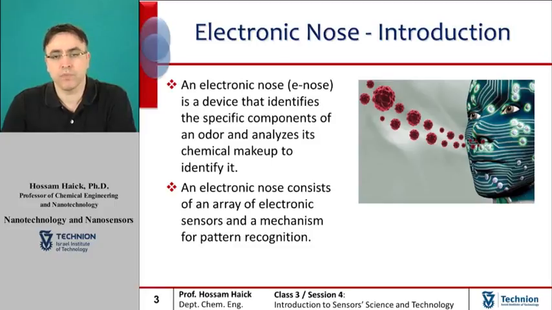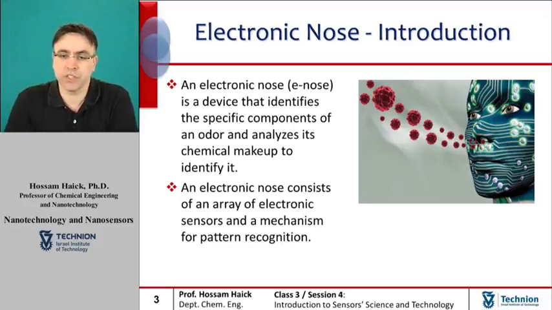This approach mimics the olfaction mechanism of humans, dogs, and other animals, and it is therefore known as machine olfaction or simply electronic nose. Applications of electronic nose range from food industry, medical industry, and environmental monitoring and process control, and many, many more.